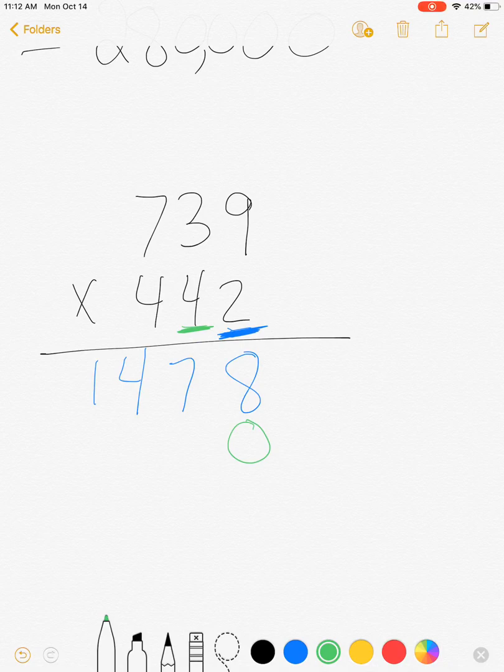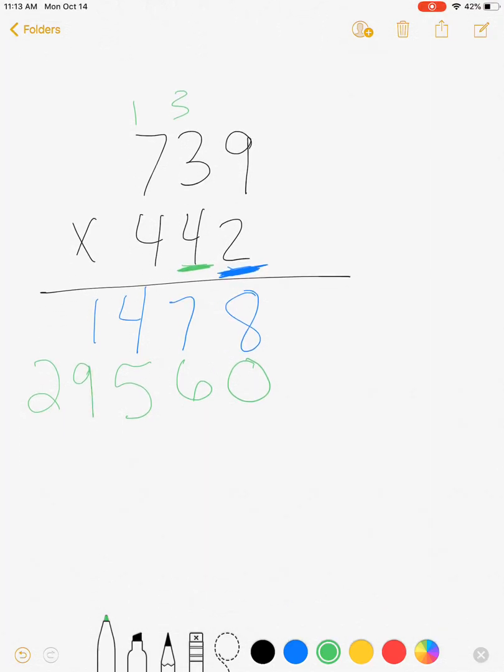Drop 1 zero. 4 times 9. 4 times 3 plus 3. 4 times 7 plus 1. Now the hundreds place. Drop 2 zeros. 4 times 9. 4 times 3 plus 3. 4 times 7 plus 1.